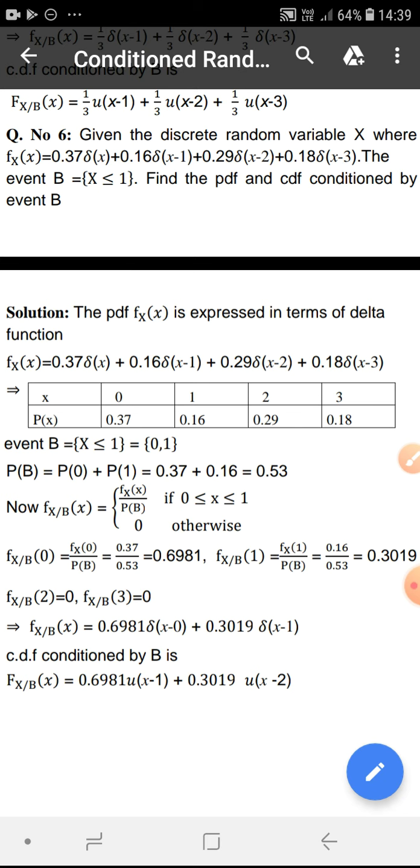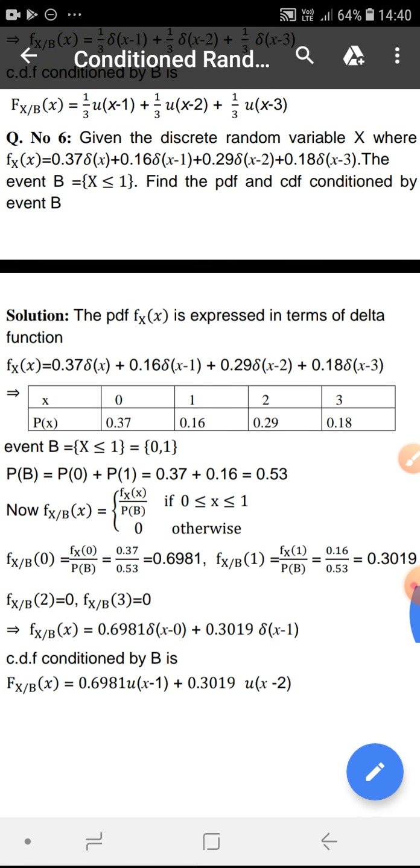So here, put x as 0. The conditioned probability density function at x equal to 0 will be f x of 0 divided by P of B. f x of 0 means the probability of 0, which is 0.37, divided by P of B, which is 0.53. Calculation gives 0.6981.